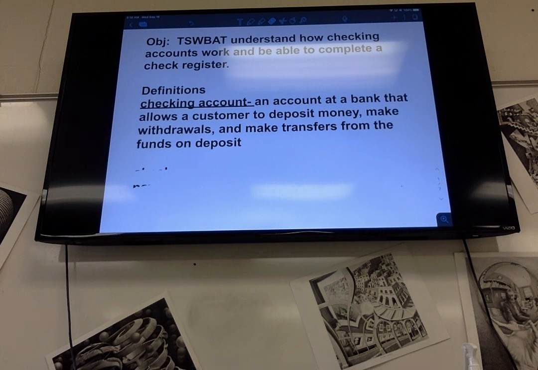Now, last year I had somebody from the bank in here talking to us about credit and all that stuff, and he advised you to never put a debit card in as your payment option online on the internet. Mainly because it's not covered by the same things that credit cards are covered for. All those laws that we learned about credit cards and how you can fix it on a bill and that kind of stuff, well, those laws don't necessarily apply to debit cards.